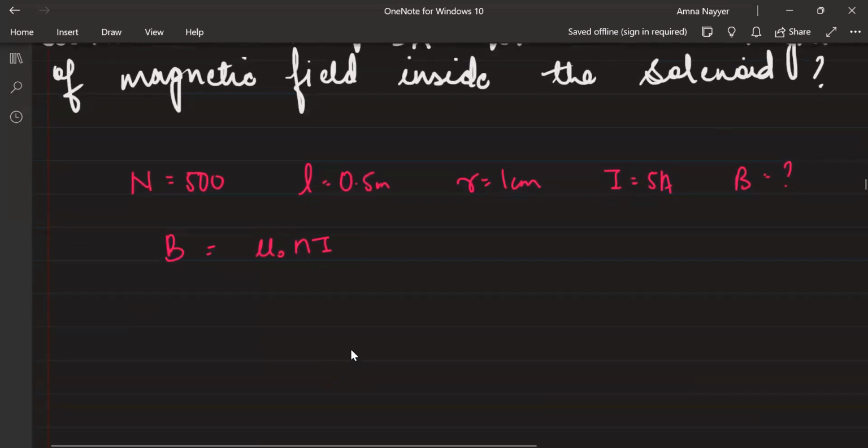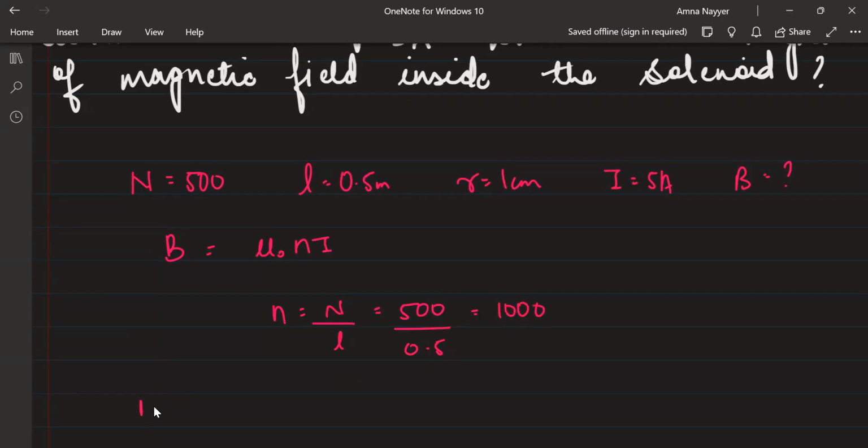Now we know small n is equal to capital N by L. So it is 500 by 0.5, that is 1000. So B will be equal to 4 pi into 10 to the power minus 7 into 10 to the power 3 into current 5. So this is equal to 20 pi into 10 to the power minus 4 Tesla.